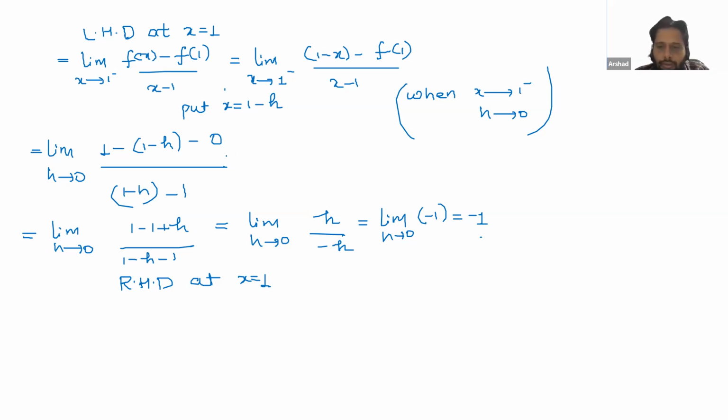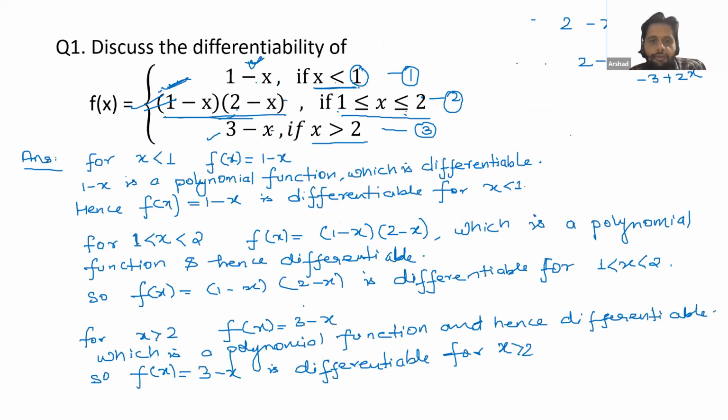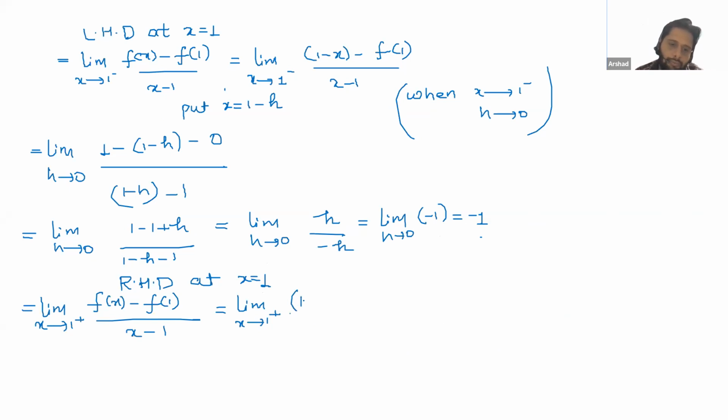No, Mir, that's not correct. Okay, please check here. The limit x tends to 1 plus, f(x) minus f(1) by x minus 1. That's equal to limit x tends to 1 plus. Which function will we choose? This one, (1 minus x)(2 minus x). Minus f(1). If we put 1 here, we will get 0, so f(1) is 0, by x minus 1. Now put x is equal to 1 plus h.